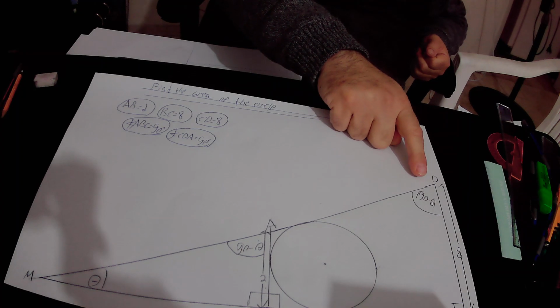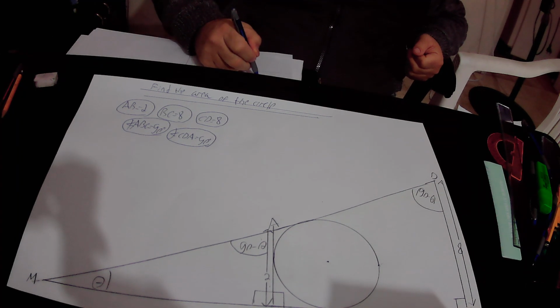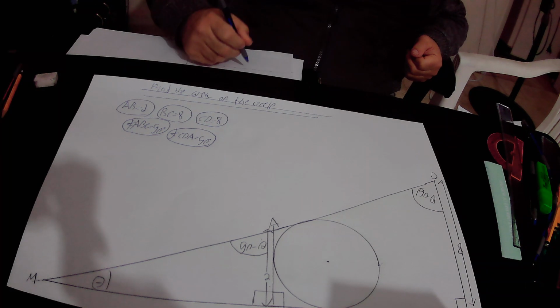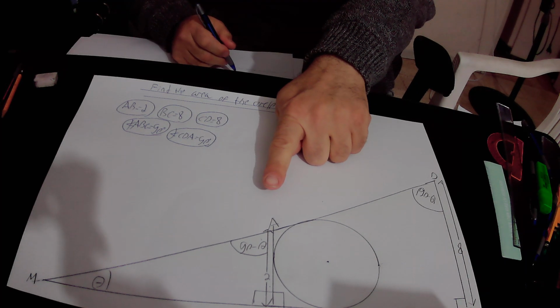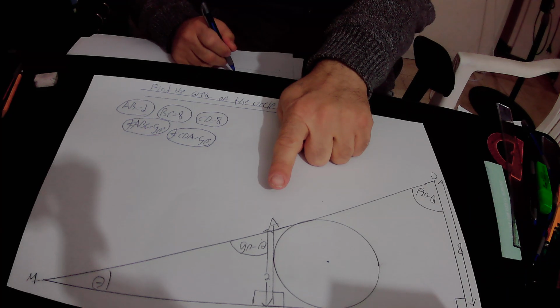Actually, this is angle MDC in the right big triangle DCM, and it equals this angle, which is angle MAB in the right small triangle MBA.